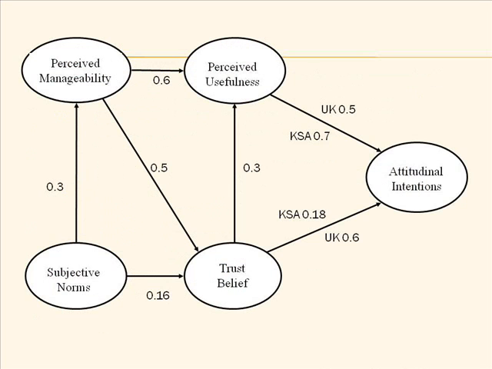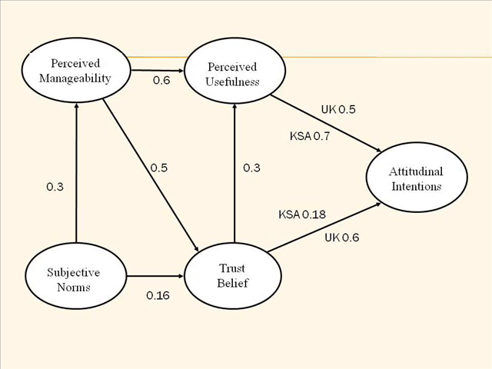So this is the example for the intention to adopt internet banking, and showing, for instance, that the strong link, which is 0.6, that's the standardised coefficient, the coefficient shown on a 0 to 1 scale, between perceived manageability and perceived usefulness. So perceived manageability, it influences attitudinal intentions to adopt internet banking, but only via perceived usefulness.